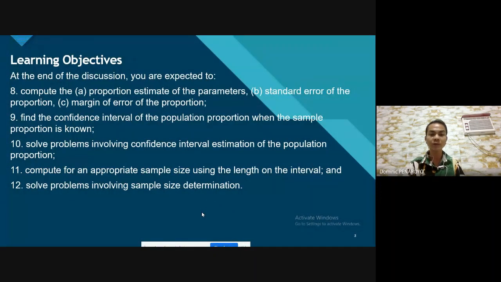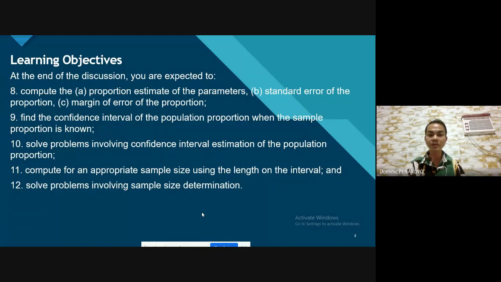Nine, find the confidence interval of the population proportion when the sample proportion is known. Ten, solve problems involving confidence interval estimation of the population proportion. Eleven, compute for an appropriate sample size using the length of the interval. And number twelve, solve problems involving sample size determination.